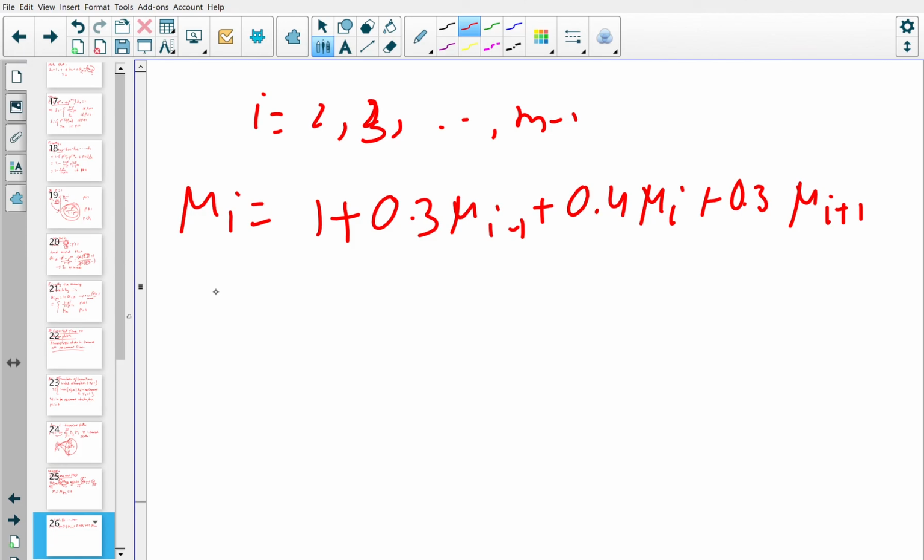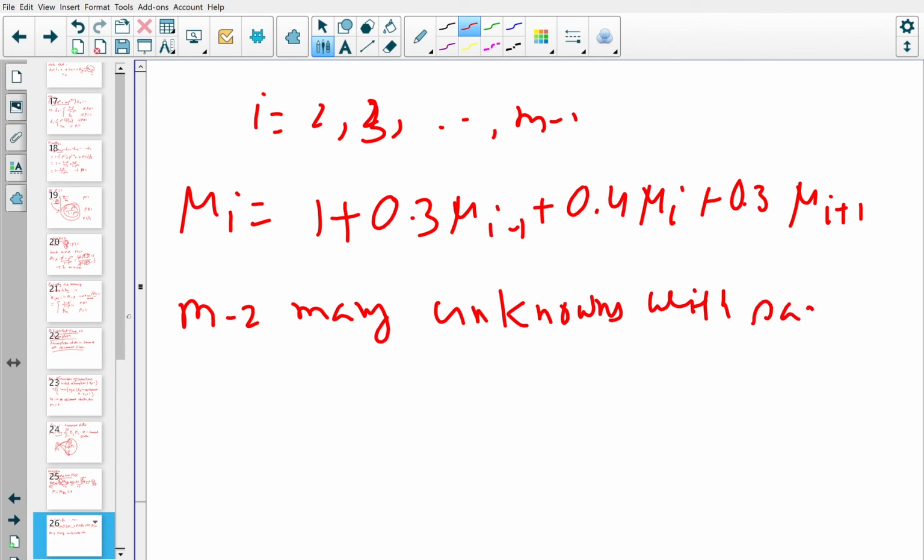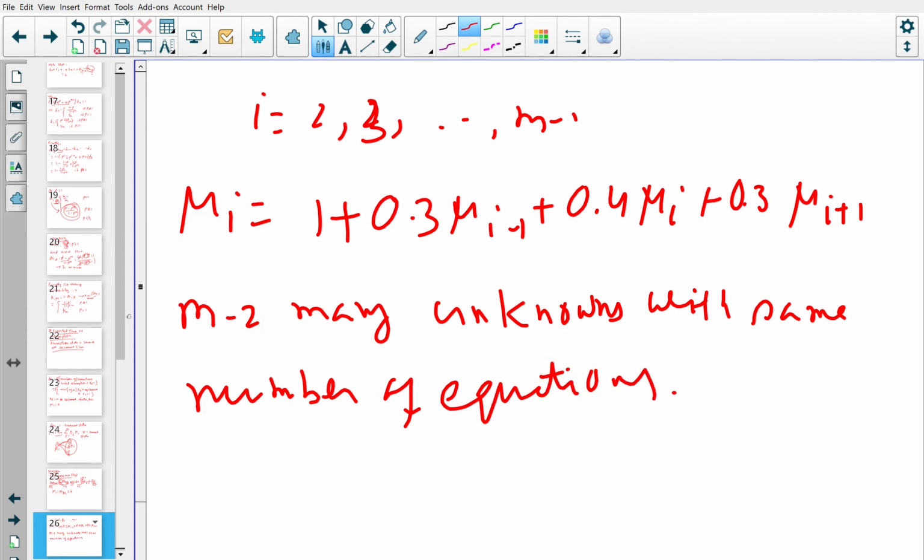Here you can see that you have m minus 2 unknowns with the same number of equations. So you can solve for the mu i's, and those will be the expected times.